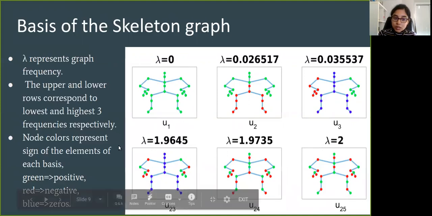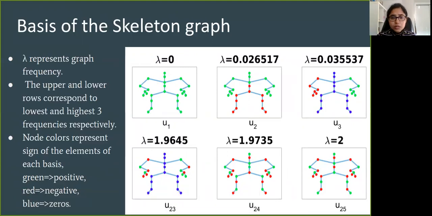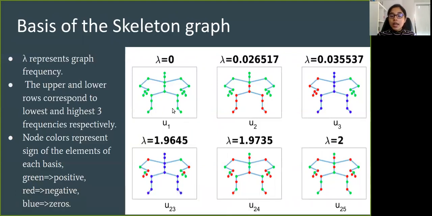The node colors represent the sign of the elements of each basis. Green means positive, red means negative, and blue means 0. So this is the first basis corresponding to the smallest frequency, which is 0. And you can see if we apply this transformation, basically it captures the average graph signal.